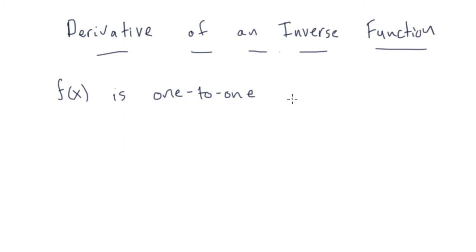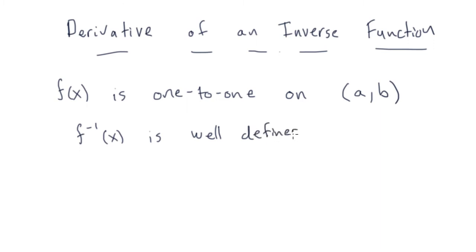So we'll just say that f of x is 1 to 1 on some interval a to b. Then what we know is that f has an inverse. Or in other words, another way to say that, maybe a more technical way to say that, is that the inverse function is well defined.